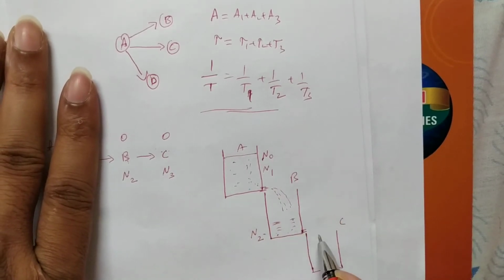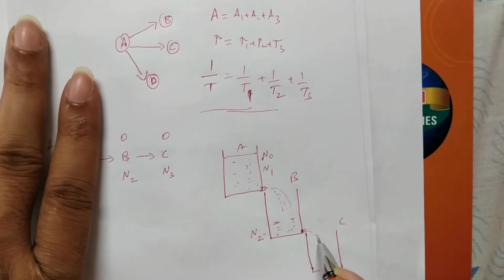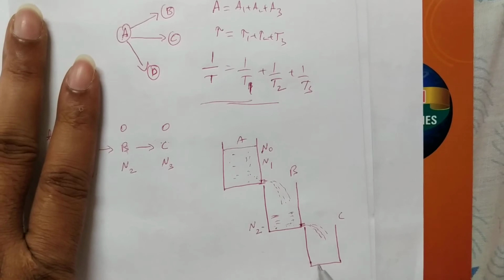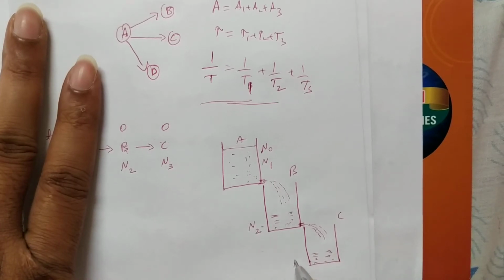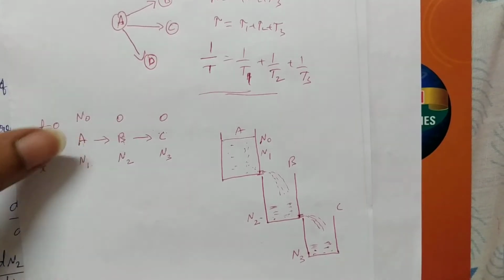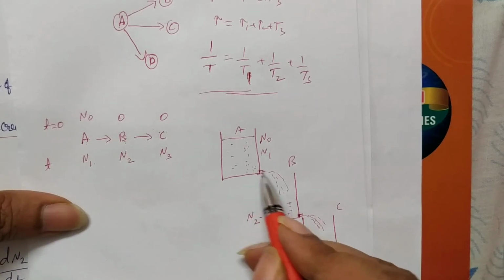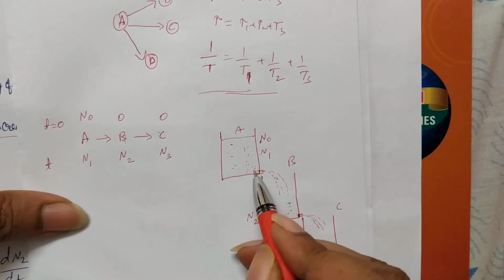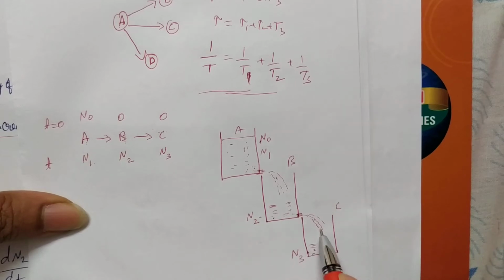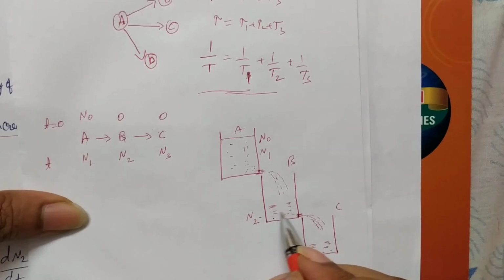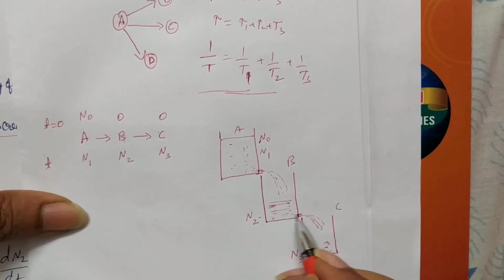And simultaneously, whenever this liquid enters B, the liquid also starts leaking into C. So here the height of the liquid also increases, which you can take as N3. If the liquid flowing from A to B is more when compared to B to C, then the liquid height starts increasing, because the inflow is more and the leaking is less.